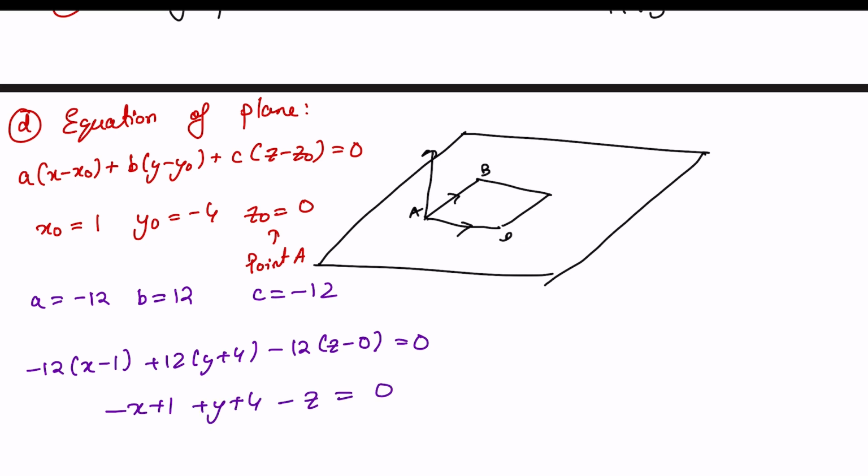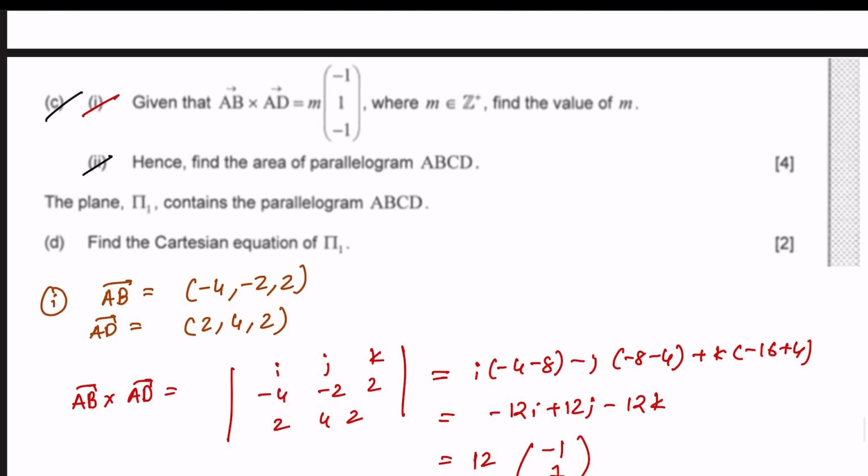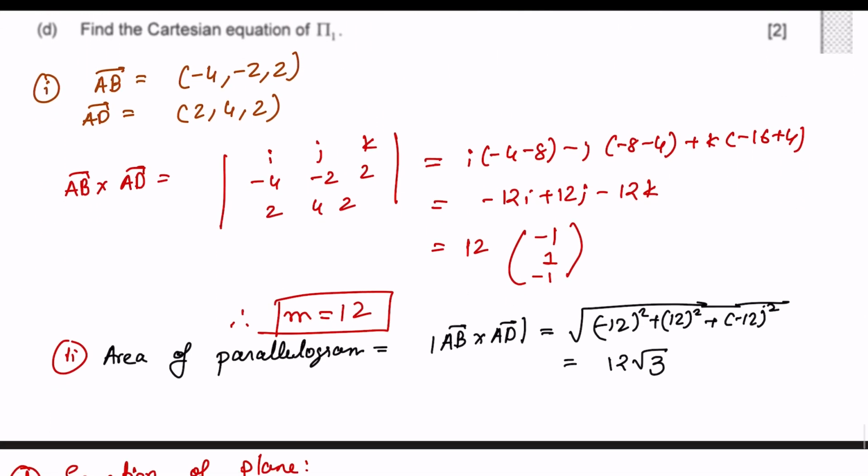I divided both sides by 12 and then opened the brackets. So this will give me x minus y plus z equals 5. I shift 1 plus 4 to the other side, it becomes negative 5, then divide both sides by minus 1. I'll get the equation of the plane. And that's the Cartesian equation of pi 1.